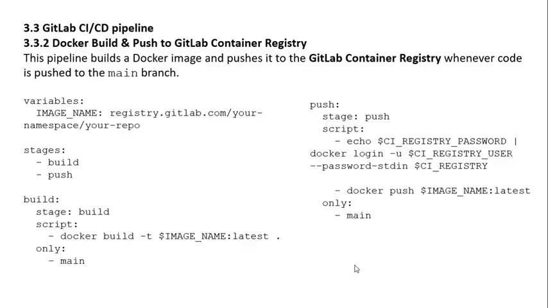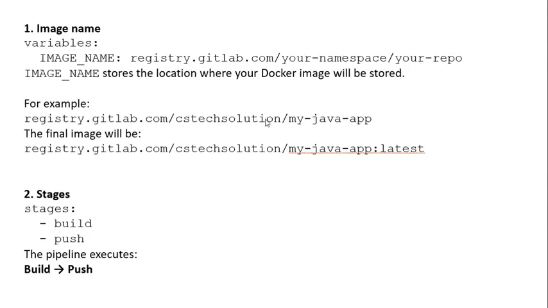Let's check all the code in detail. First is the image name variable: IMAGE_NAME is registry.gitlab.com/your-namespace/your-repository-name. IMAGE_NAME stores the location where your Docker image will be stored.